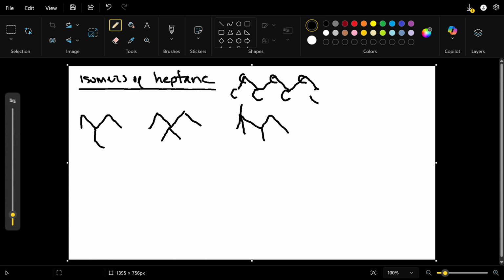Usually with isomers, they have the same chemical formula but different structure. All of these should have 7 carbons and 16 hydrogens, but we could try to check. 3, 6, 7, 8, 9, 10, 11, 12, 13, 14, 15, 16.